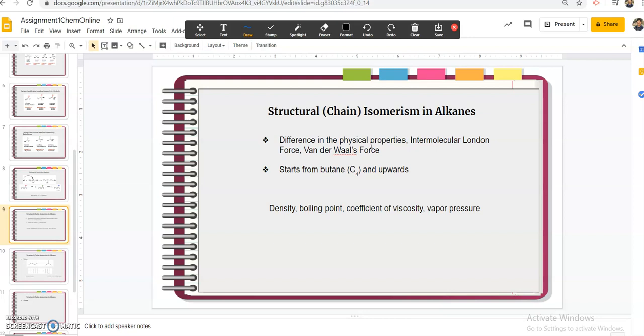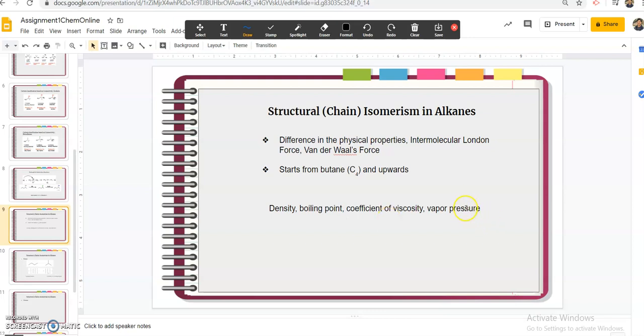In the branched case, the contact surface area is not as efficient, it's less, so the density and boiling point would be less. So think about that as we draw the structural isomers of alkanes. Density, boiling point and viscosity are very similar. They will increase sort of linearly, and they have a direct relationship with the chain structure.